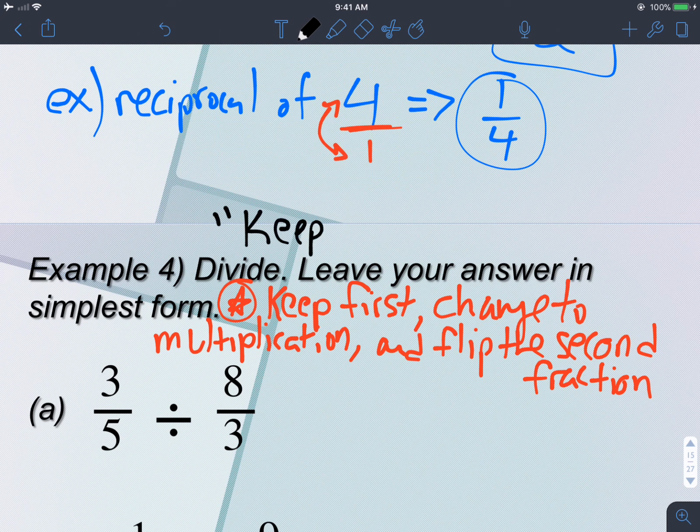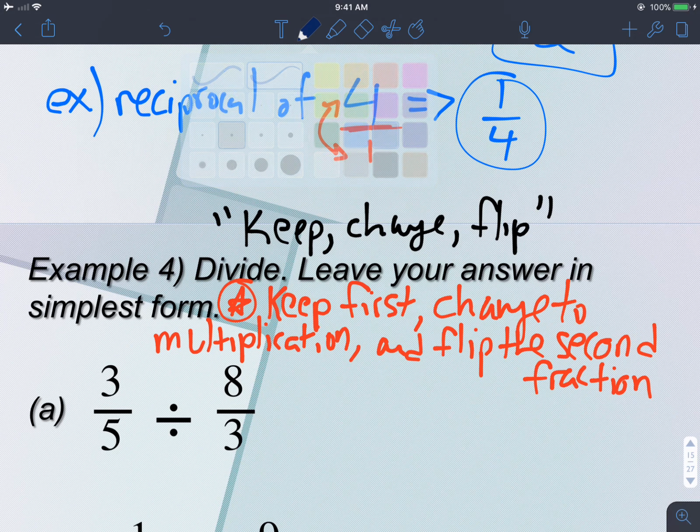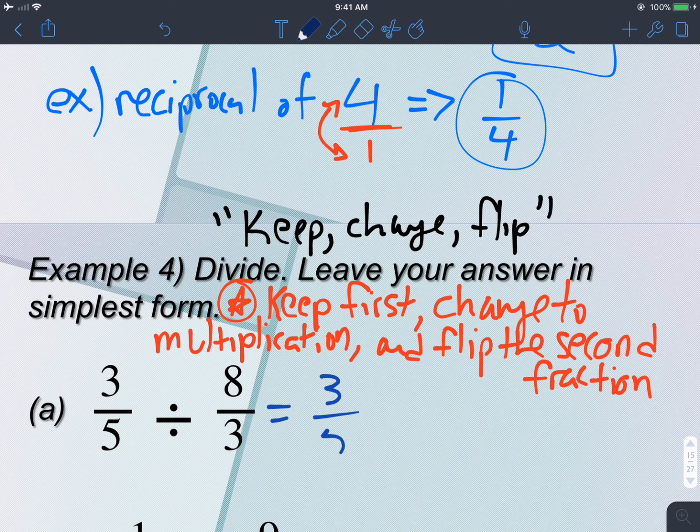I don't know if any of you have ever heard of it. Keep, change, flip. Keep the first, change it to a dot, and then flip the second.